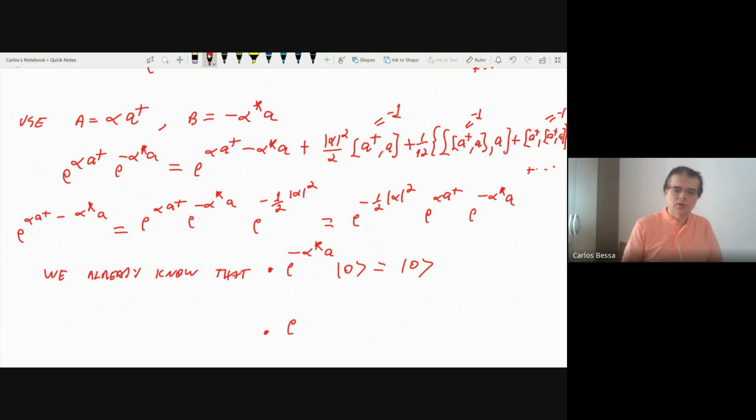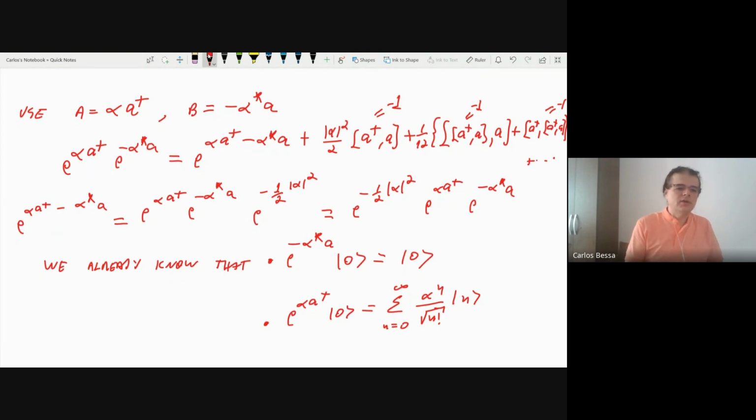And this other exponential of alpha A dagger applied to the vacuum gives just the sum of alpha to the n over n factorial. So this is the same. This is the displacement operator, right? And I can write it this way or this way. It's similar. So the state alpha is the displacement operator applied to the vacuum.